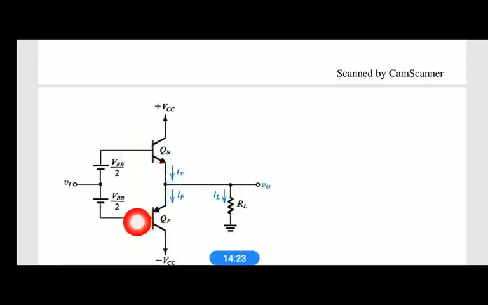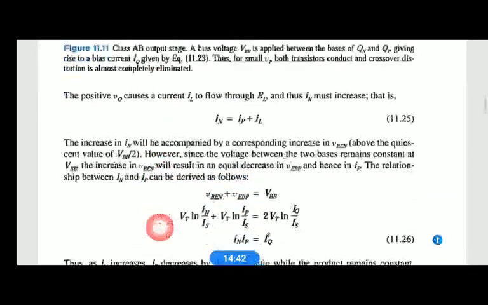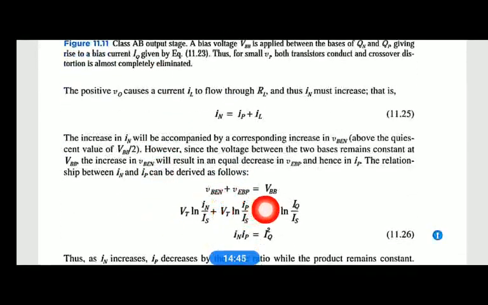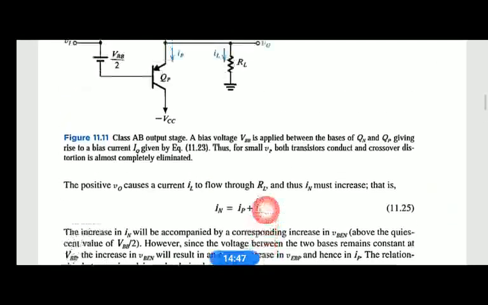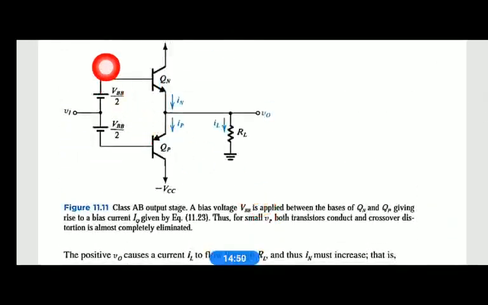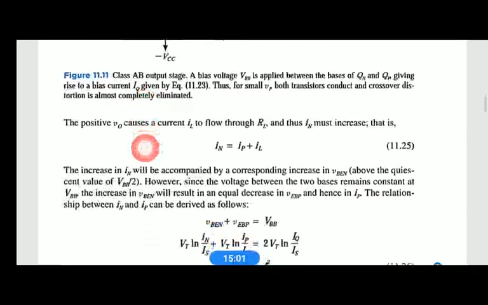So the total voltage from here to here, from the transistor side, is the sum of VBE N plus VEB P, right? On this side the total voltage from here to here is VBB. So this voltage, base to base, is equal to VBB.